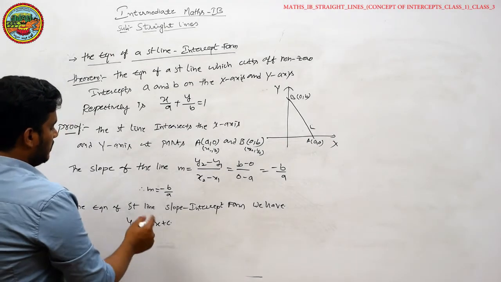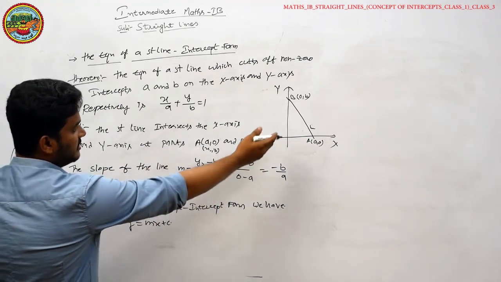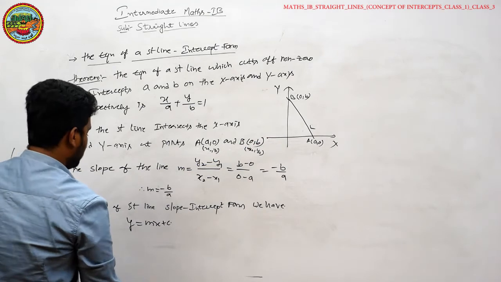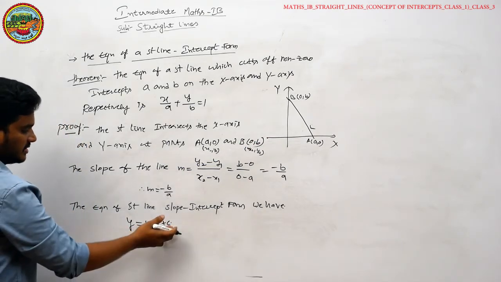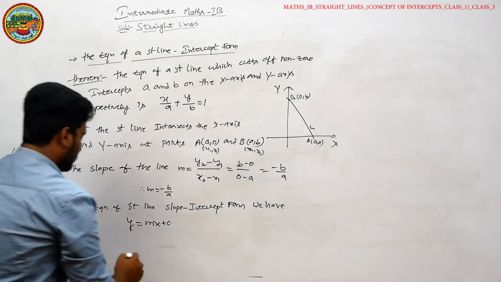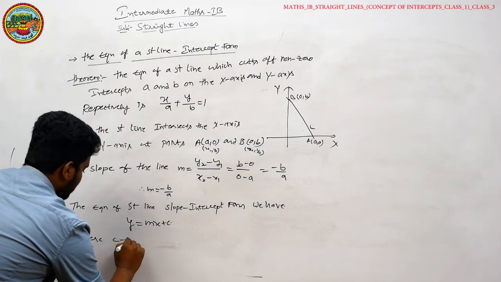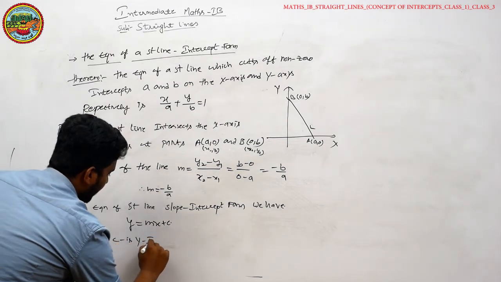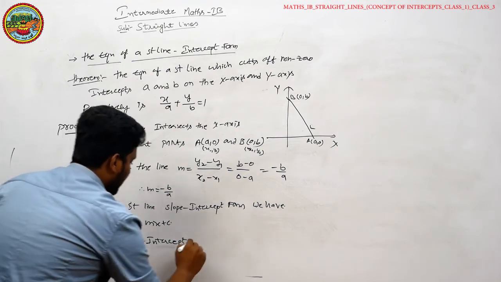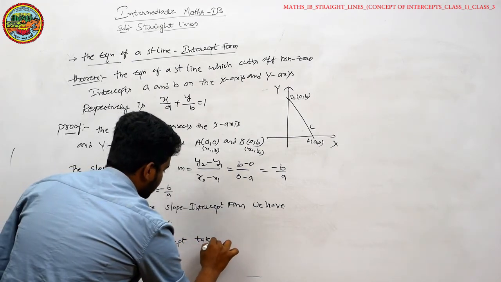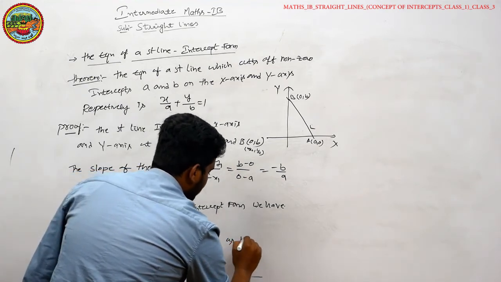so here the x intercept and y intercept are taken as a and b. So here c is replaced by b, because c is the y intercept, taken as b.